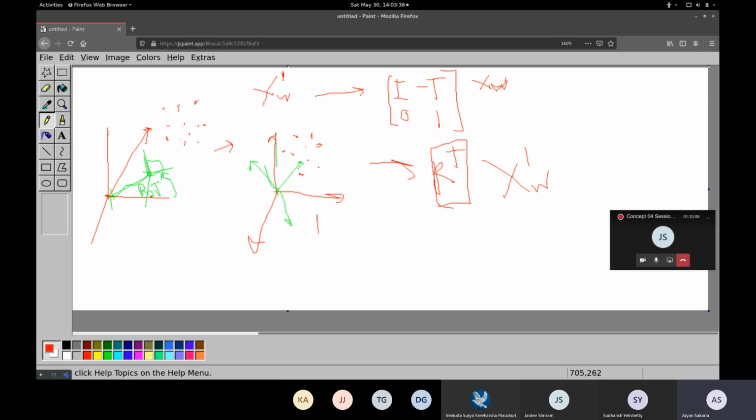So what we get is, this is our world frame. This is our camera frame. It's absolutely aligned with the world frame.